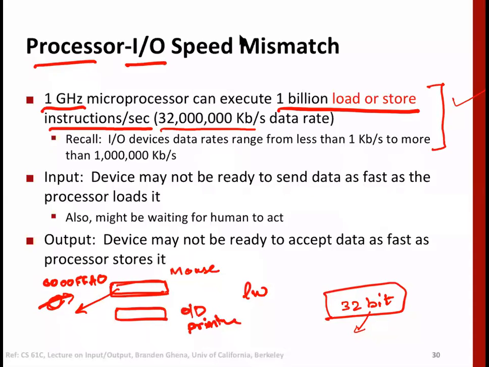For example, if the processor keeps sending data to a printer, the buffer will be full in no time and then there will be overflow. This is an error condition which ideally shouldn't happen. So when we design the input output system, we should take care of the speed mismatch between the processor and the devices, at the speed at which the device can read or write.